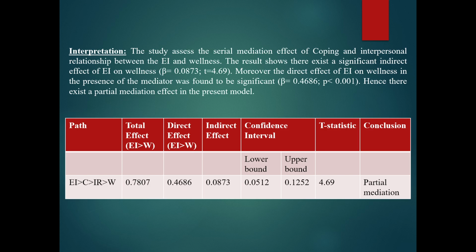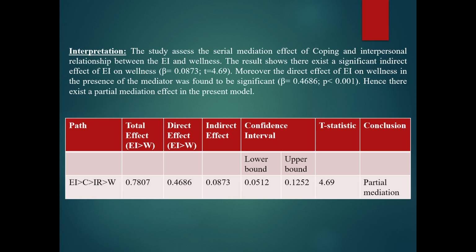So now let's look at the interpretation part: how to interpret our results for thesis purposes or for writing a research paper. This is how we can make the interpretation. The study assessed the serial mediation effect of coping and interpersonal relationship between EI and wellness, and the result shows that there exists a significant indirect effect of EI on wellness, that is beta is equal to 0.0873 and T statistics is equal to 4.69.